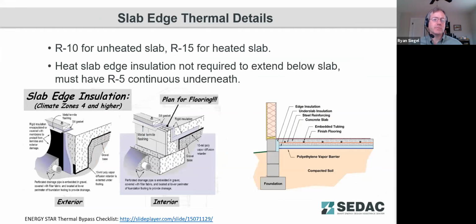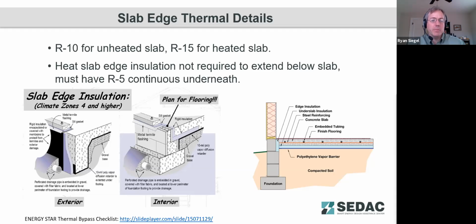So when we get into slab edge insulation for commercial, the code calls out you need to have an R10 around the whole perimeter for a slab. And if the slab is a heated slab, either electrical or hydronic or some other method to directly heat the slab, then we need to add an R5 to the edge, and we also need to have an R5 under the whole slab.